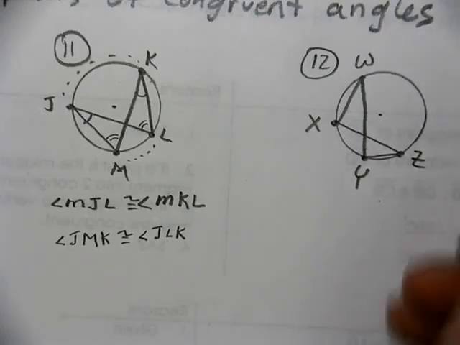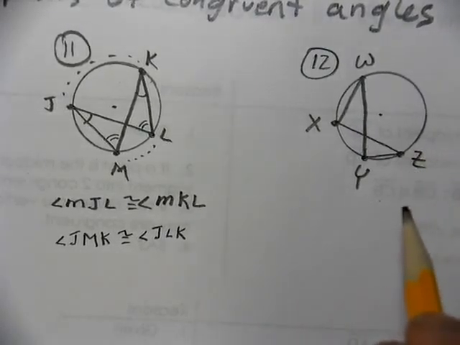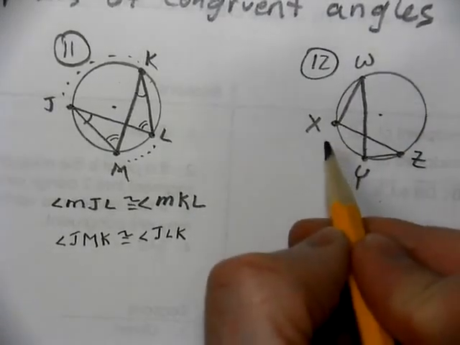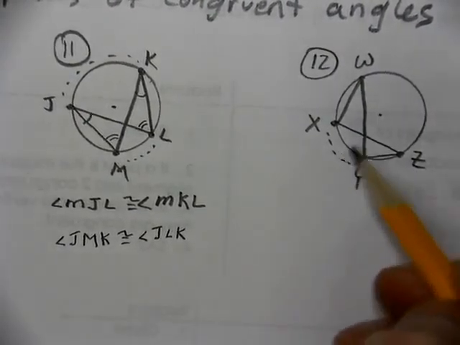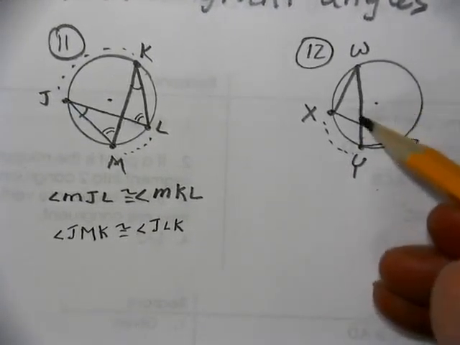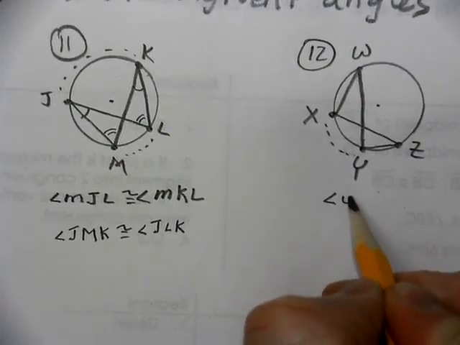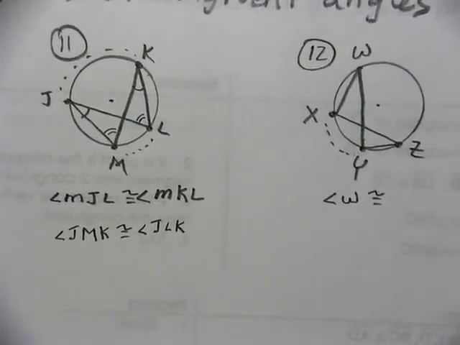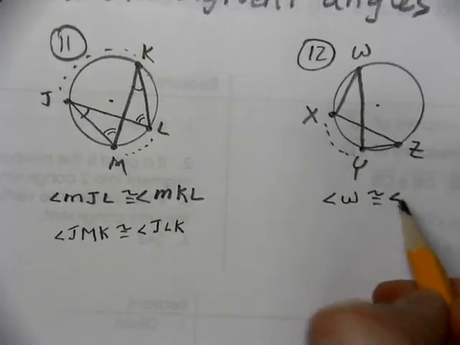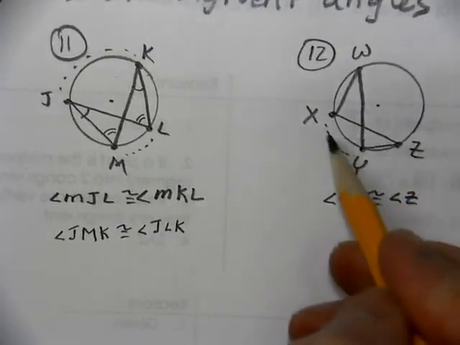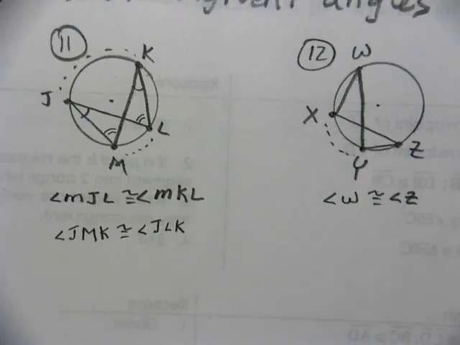Now, in some situations, they'll name these angles with a single letter, because there's really only one angle at each vertex. So here, look at this arc. This arc is made by angle W. So angle W is congruent to angle Z, because both of those angles open up to touch arc XY.